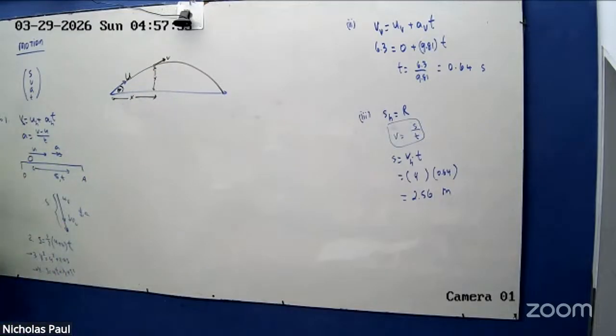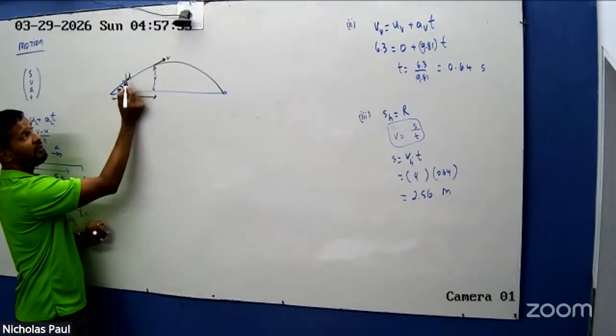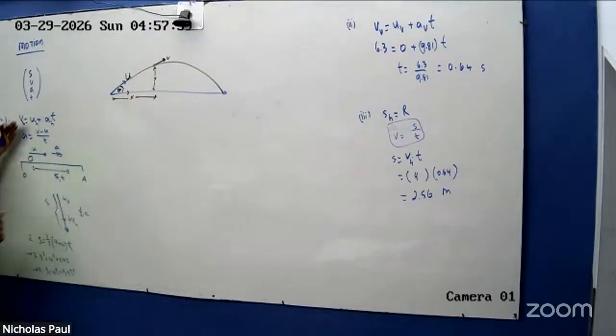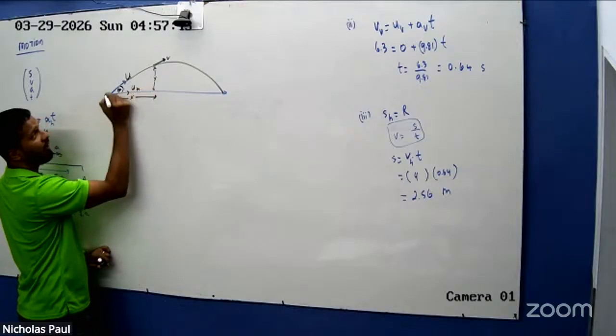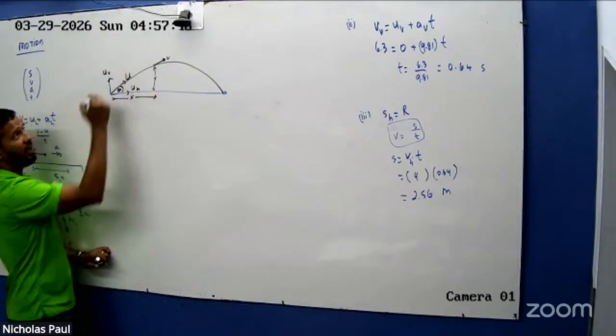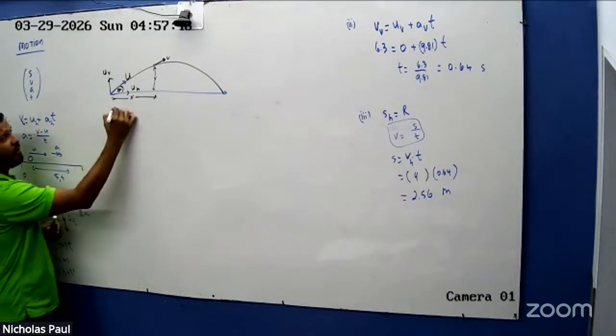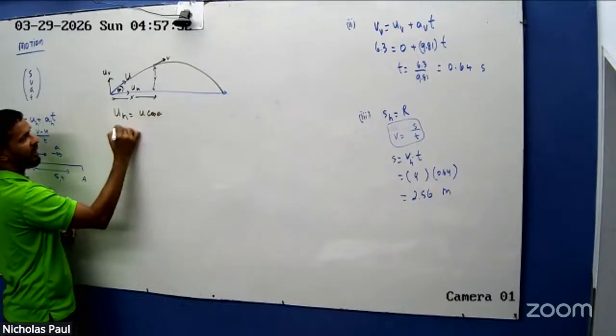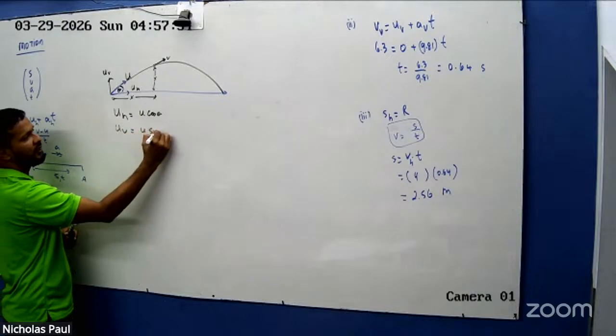Your first step with this u, because it's at an angle, is that we're not using anything at an angle. We are either using a horizontal velocity or a vertical velocity. So the horizontal velocity in this question is u cos theta, and the vertical is u sin theta.